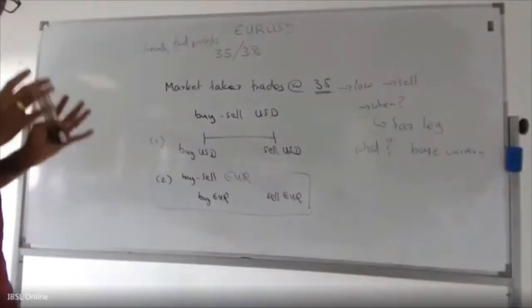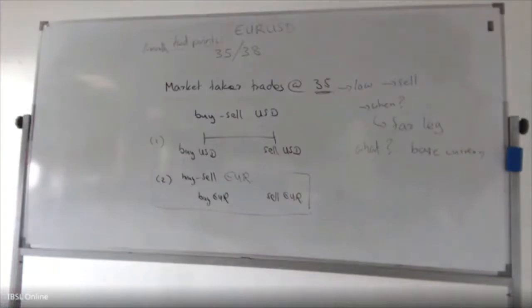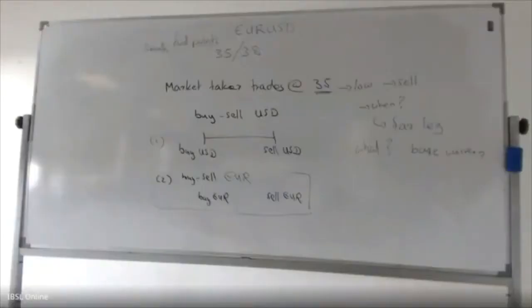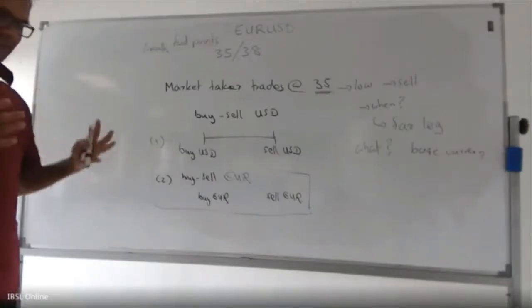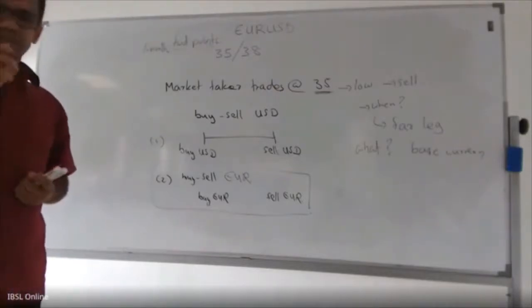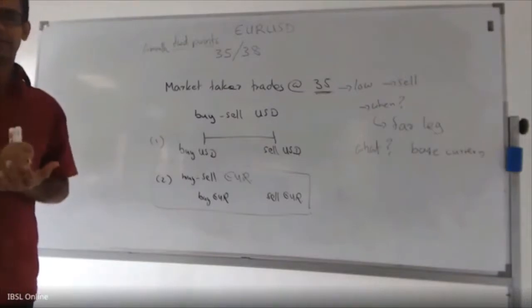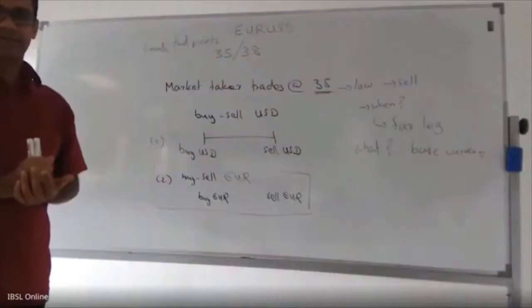Irrespective of whether it's a forward transaction or a spot transaction, what do you do as a market taker at the bid price? You can sell, you can't buy. Anything else?